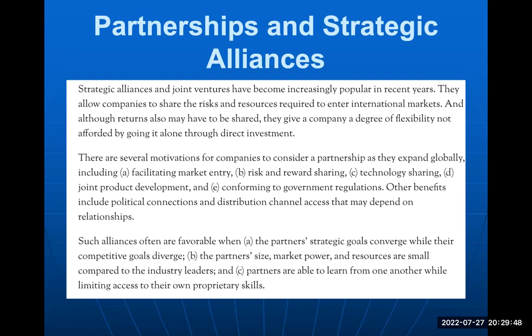There are several motivations for companies to consider partnership as they expand globally, including facilitating market entry, risk and reward sharing, technology sharing, very important, joint product development, and conforming to government regulations. Sometimes one company understands it a little bit better than the other.